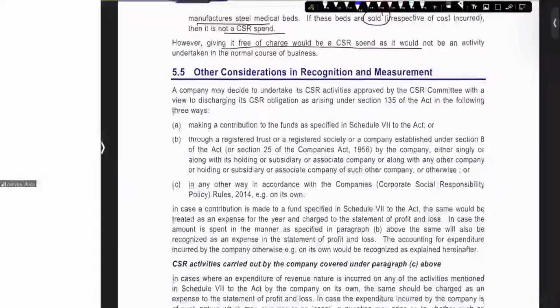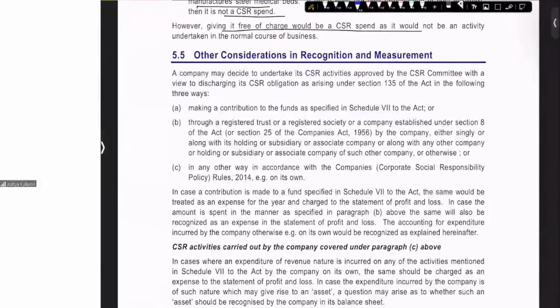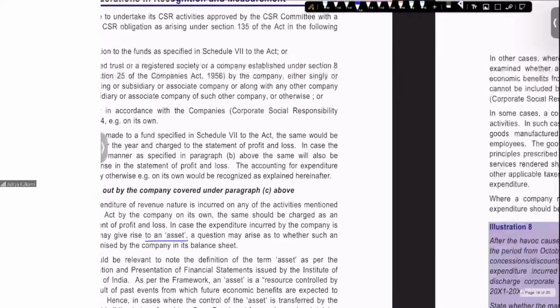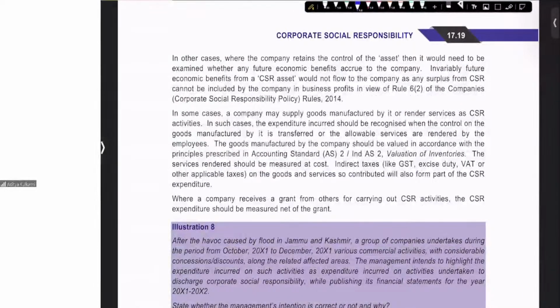Other considerations, and in recognition and measurement, we have done this. CSR activity giving rise to an asset, we have done this as well. This is effective from 2021.